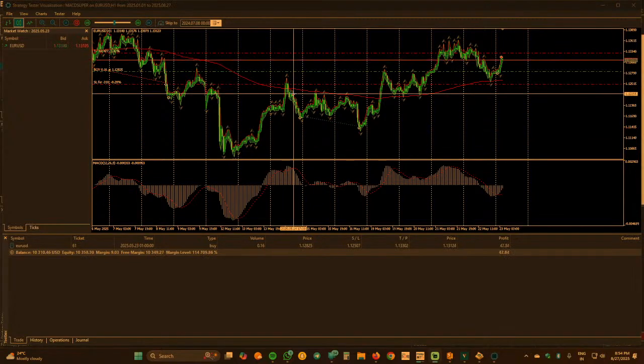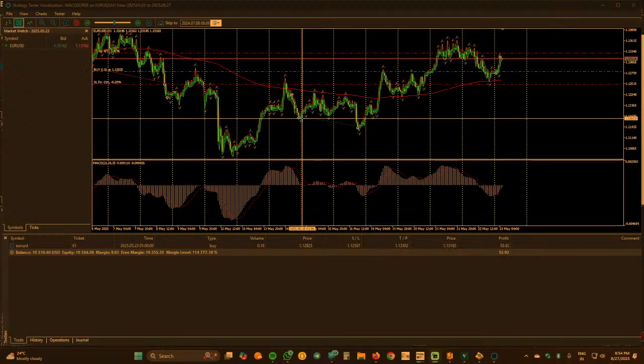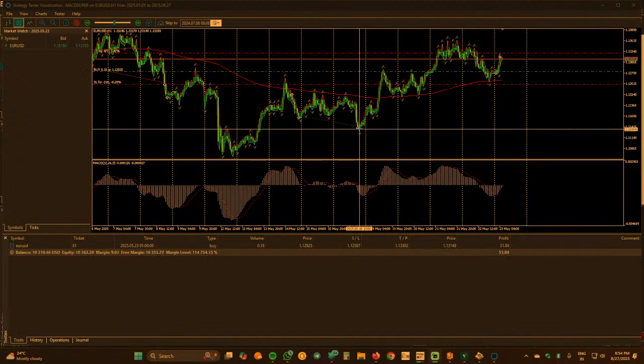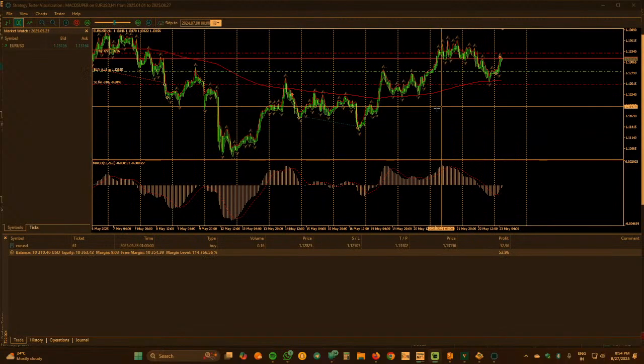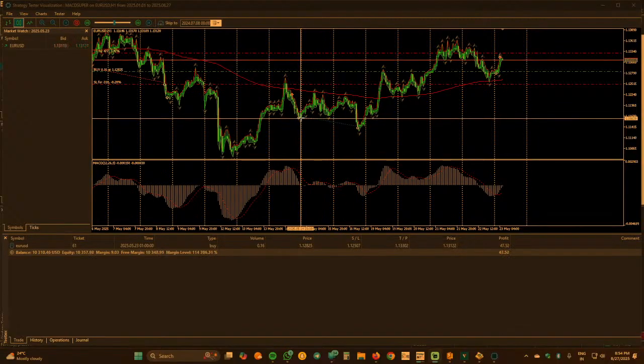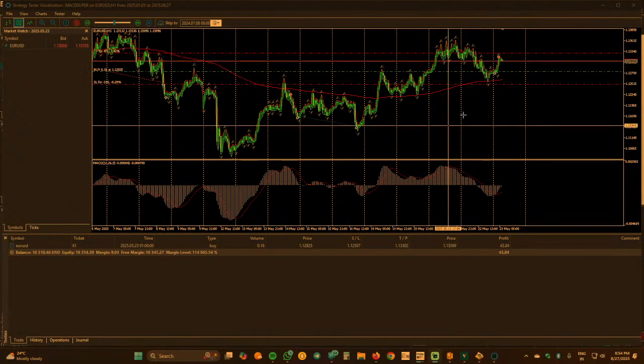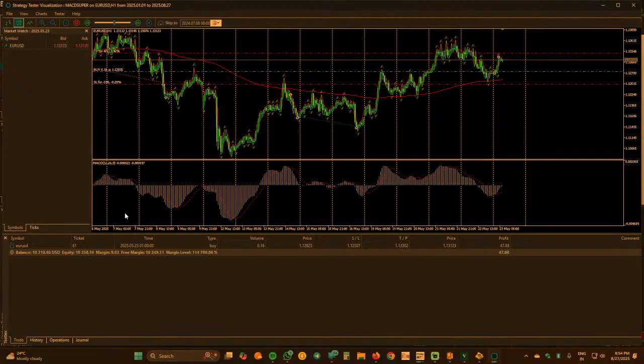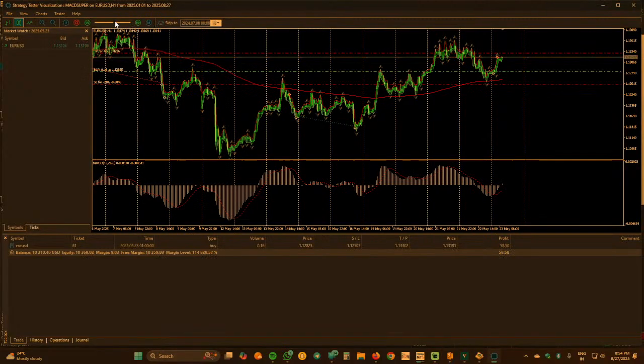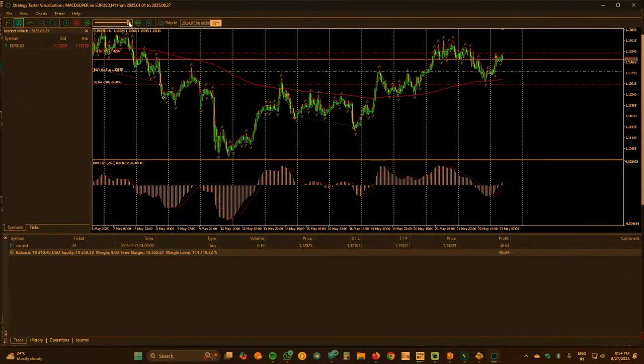It was a sell trade. It closed here. After this, why did it take a buy trade? I still don't understand. Maybe after 1:1 it moved its stop loss. I don't understand. So moving on, let's continue.